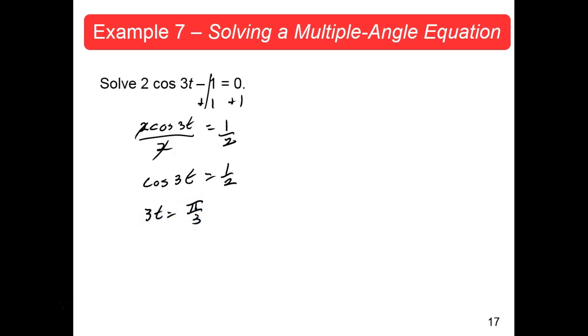Is that the only place? Yes, in the fourth quadrant, because cosine is positive in the first and the fourth quadrant. So it would be pi thirds short of the horizontal axis, which would be where?